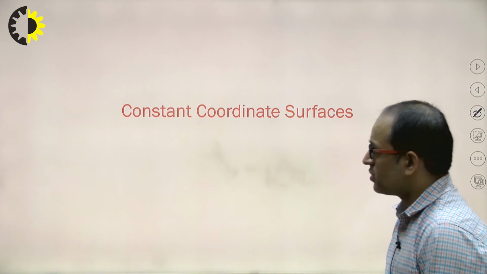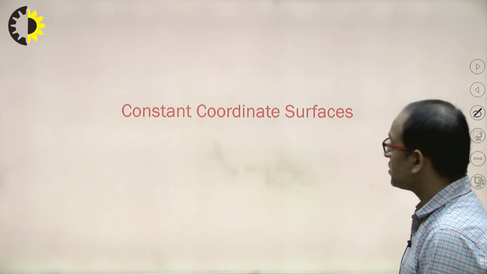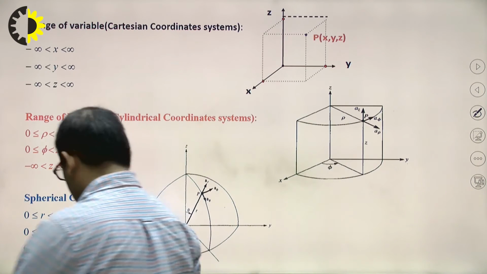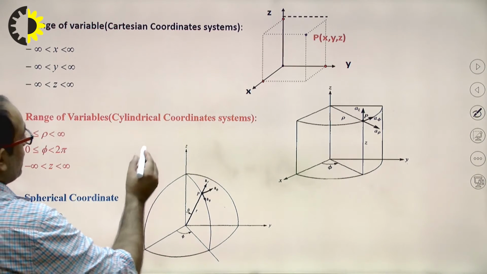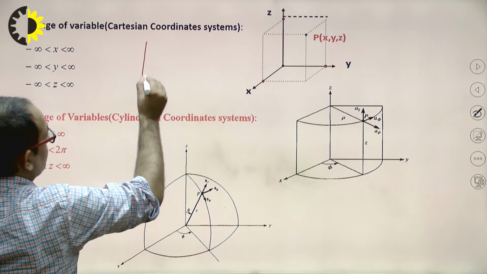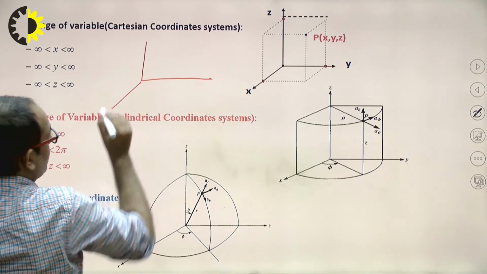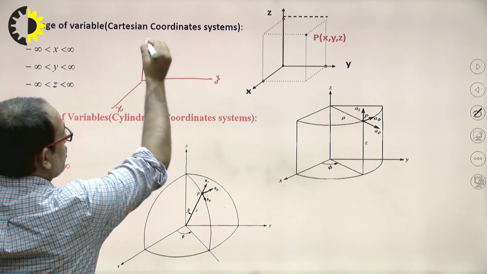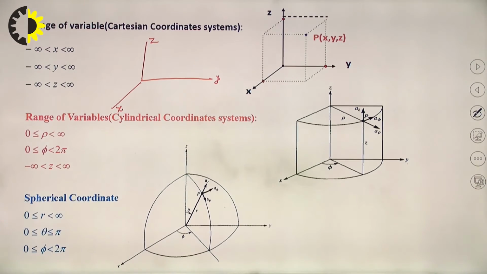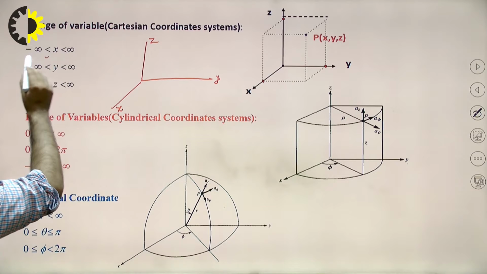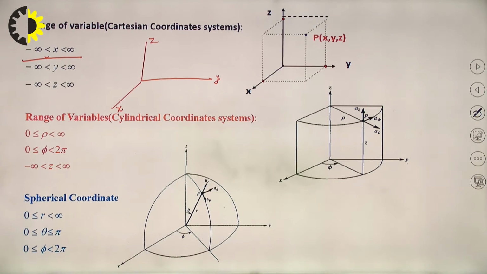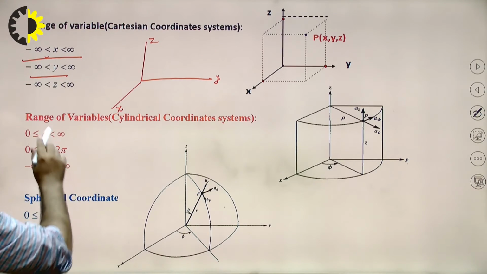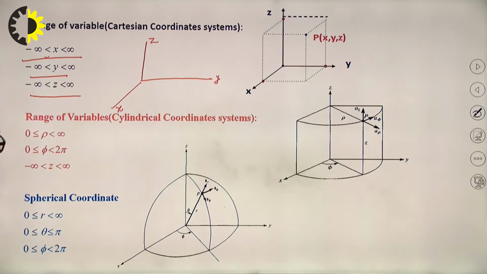Now next one is the constant coordinate surfaces. Constant coordinate surfaces, if I say, let's say this one is the Cartesian coordinate system x comma y comma z, and we have studied that x varies from minus infinity to infinity, y will vary from minus infinity to infinity, and z will vary from minus infinity to infinity.